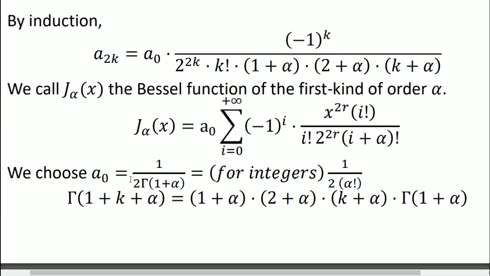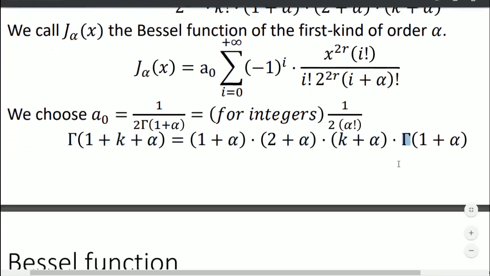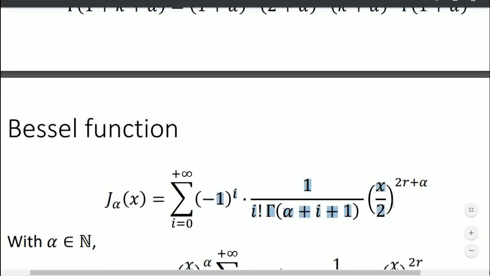Yeah, and we get this. We choose a0 to be equal to 1 over 2 to the alpha times gamma of 1 plus alpha. So for integers, it's equal to 1 over 2 to the alpha times the factorial of alpha. So by expanding a little bit and by refactorizing, we get this result here.